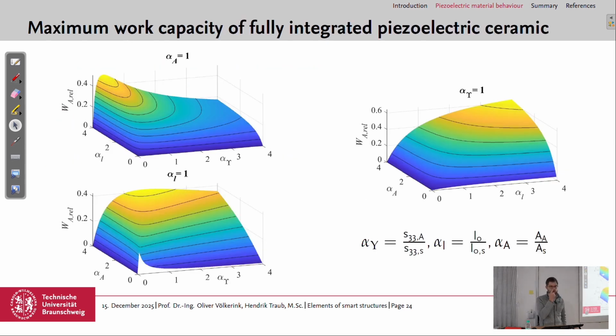Any questions on that? So it will not be an exam question to draw something or to calculate here the stiffness ratio or something else. It's just to give you an impression or a feeling what quantities we have to look at to get the maximum work capacity out of our overall system.